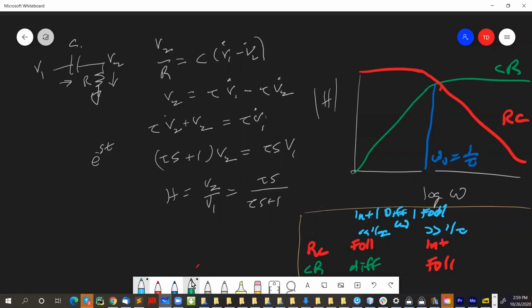When something's going up like this, that means it's like computing the derivative. When it's going down like this, it means it's acting like an integrator. And if it's flat like that, it's just copying the input signal.